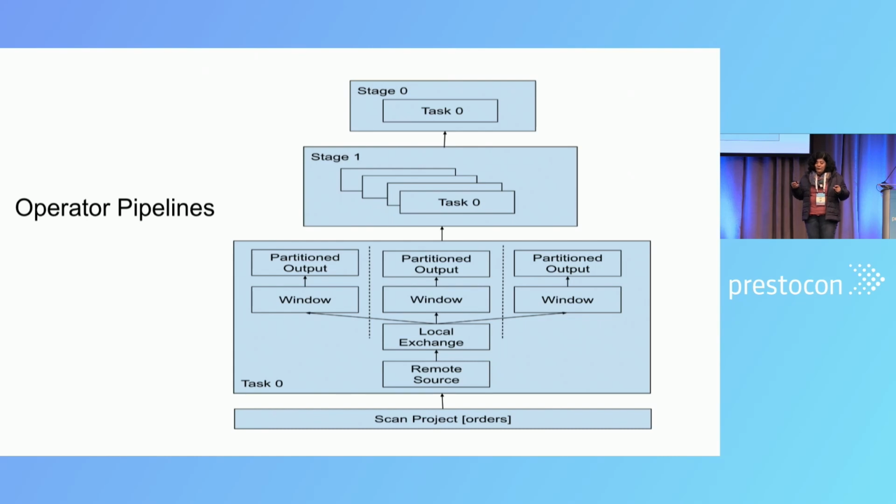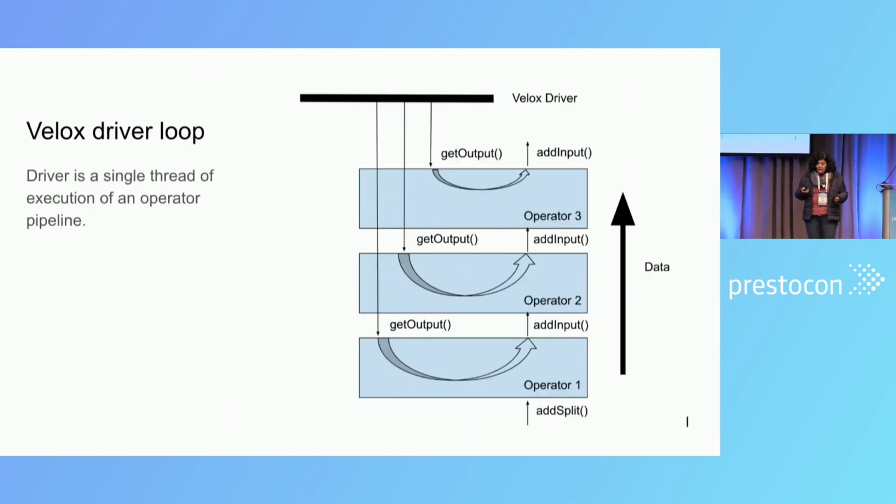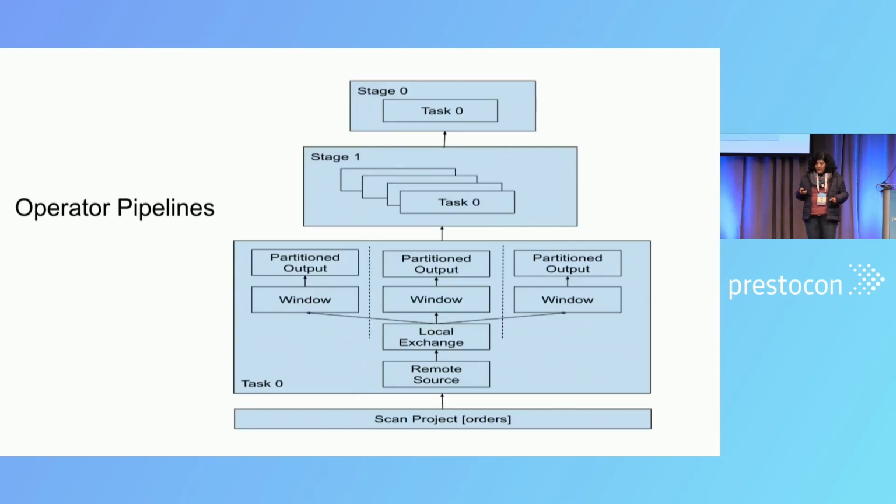Each window operator sees a portion of your input rows and processes it and puts it in the partitioned output, which pushes the buffers into the next stage. That's what's happening in the server process.